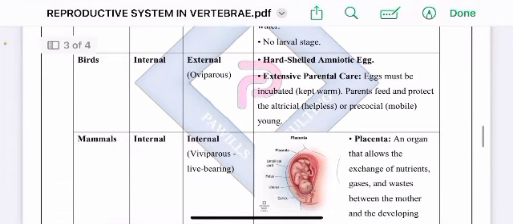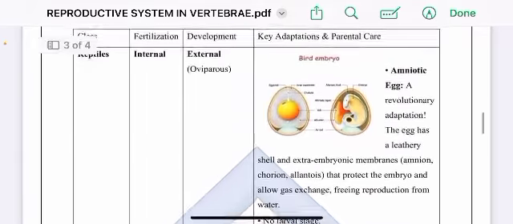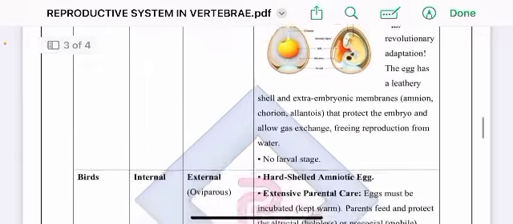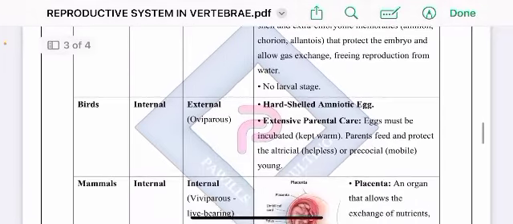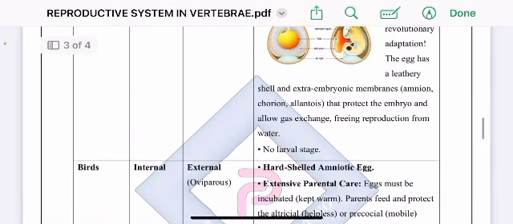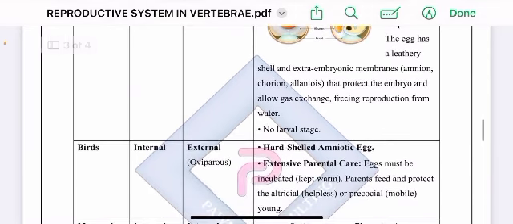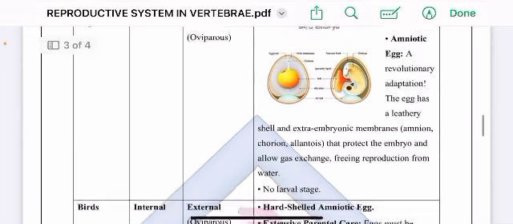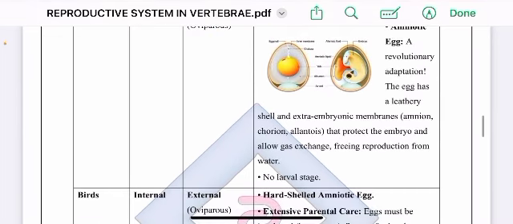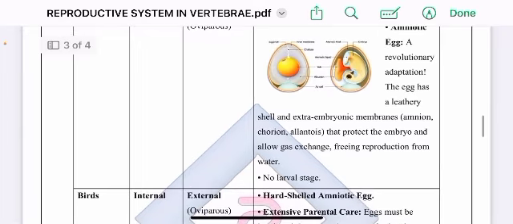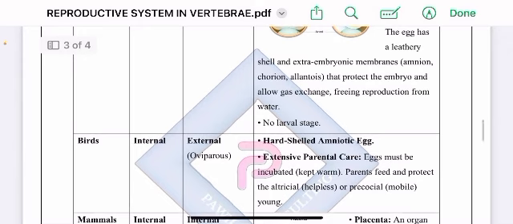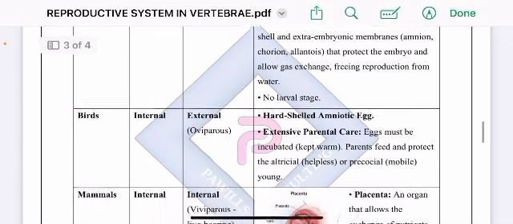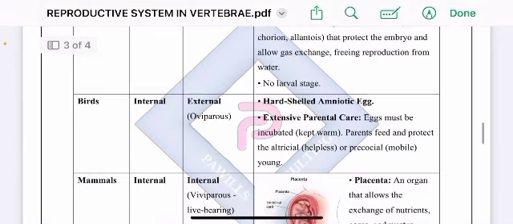Now the birds. We have the internal. Also, like the reptile, fertilization is internal, development is external. That's oviparous. Now, in this case, their eggs are hard-shelled amniotic. Remember, for the reptile, it is a leathery shell. But here it is hard-shelled amniotic.